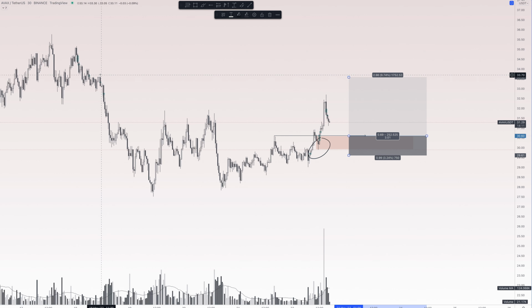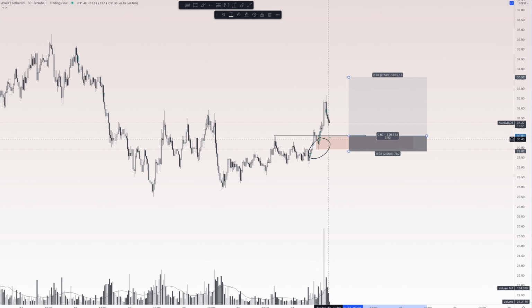Take the liquidity above these highs, above this range, and the stop loss should be below the previous low or a significant low. So for example, this is the low of the market structure that should not be taken out.